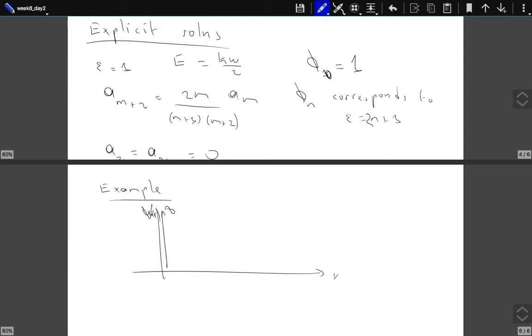This goes to infinity, or V, and here we have this potential. Here we will also have discrete states. At this point, the wave function will be 0, and it should go to 0 also as x goes to infinity.